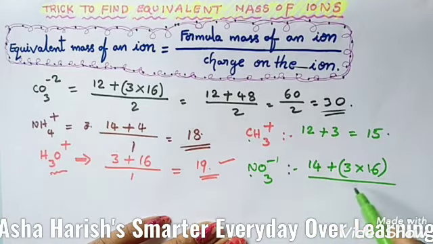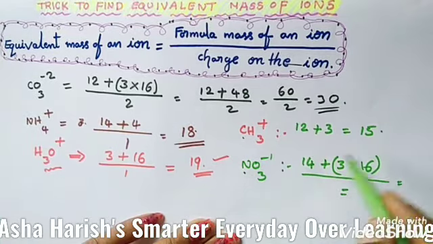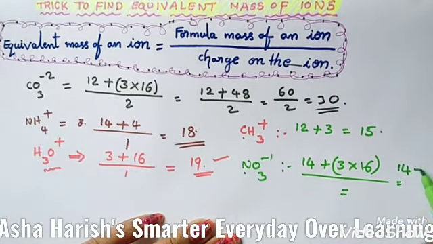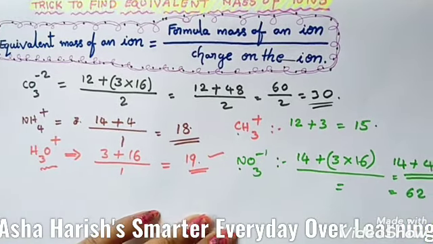So directly you can take 14 plus 48, that is equal to 62. 62 is the equivalent mass of the nitrate ion.